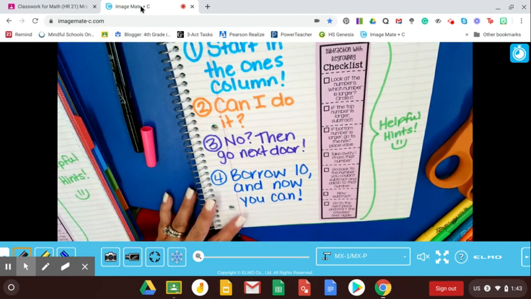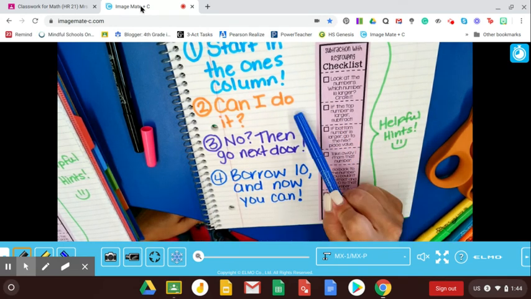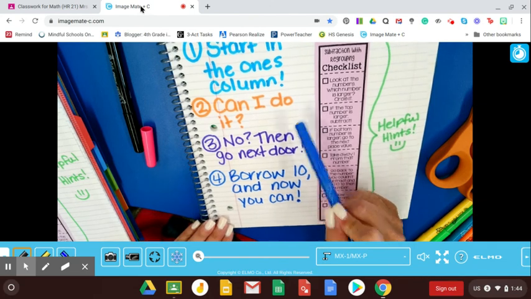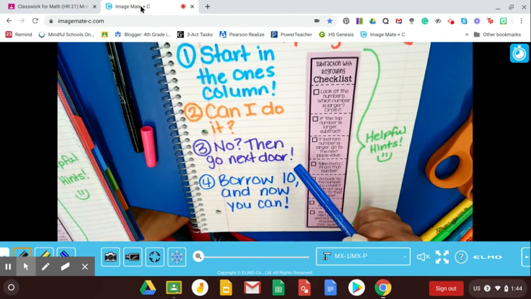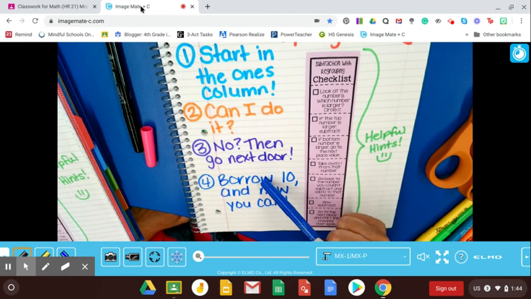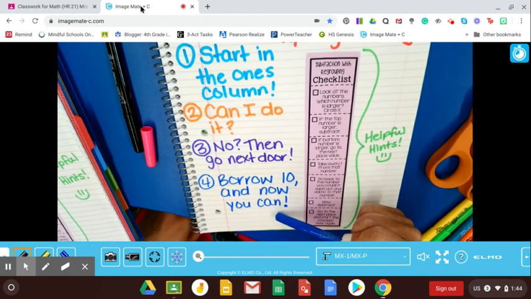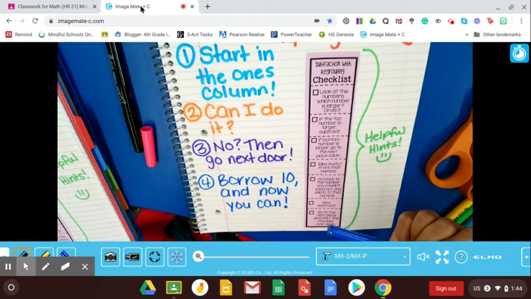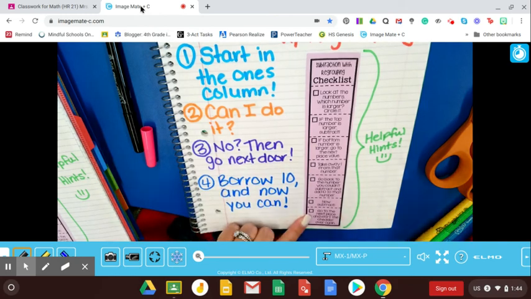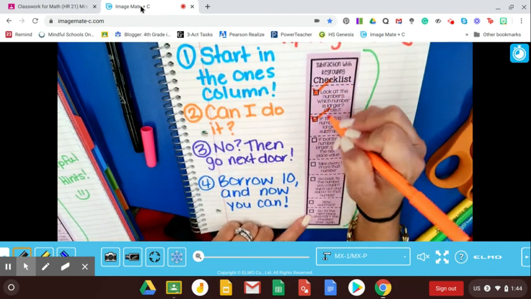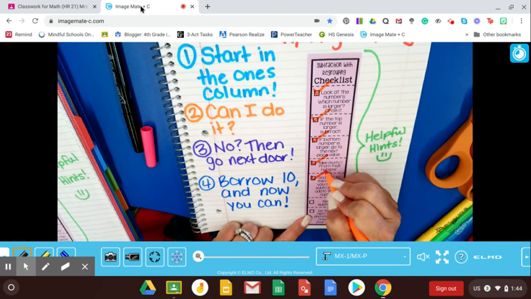Now you'll be able to subtract. So you're going to start in the ones column. You ask yourself, can I do it? If the answer is no, then you're going to go next door. You're going to borrow 10, and now you can. And then you're going to keep just doing that all the way across the problem until you get to the greatest place value. So this is a little checklist here, and I want you to make a little check mark in each little box.